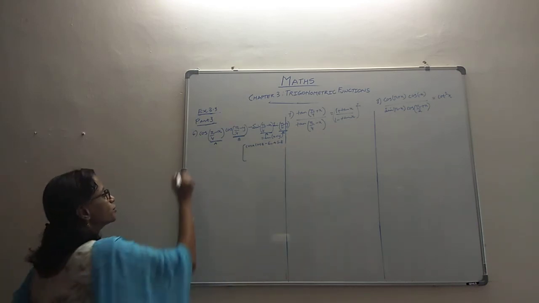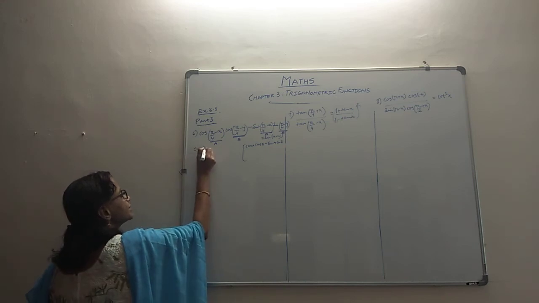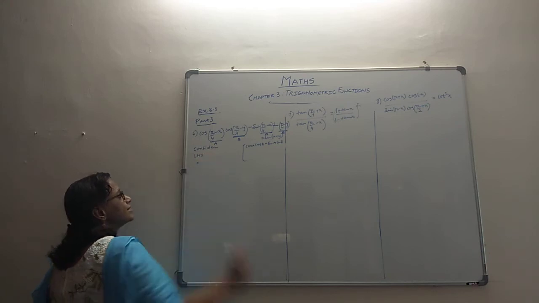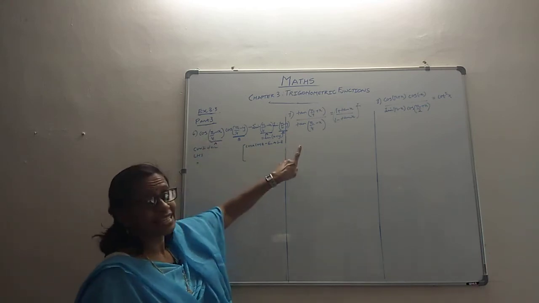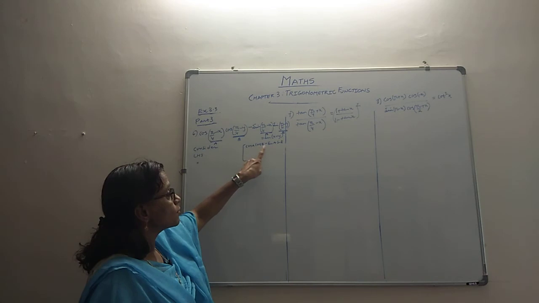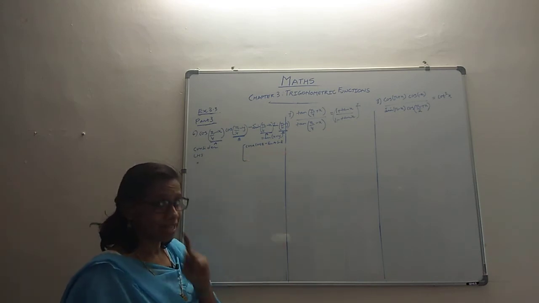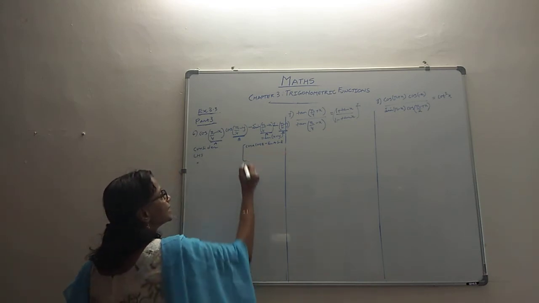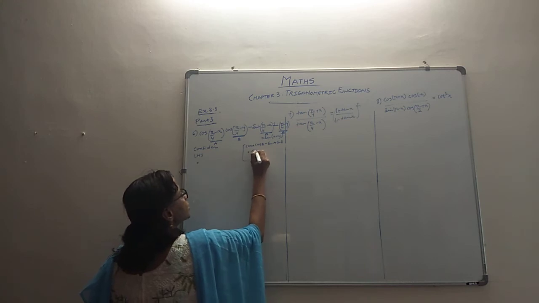Yes. So what we are going to do right away is consider the LHS. In the LHS, we have considered that the left hand side is of this type, cos A cos B minus sin A sin B, and we have learned from our formulae that anything of that type is called cos.